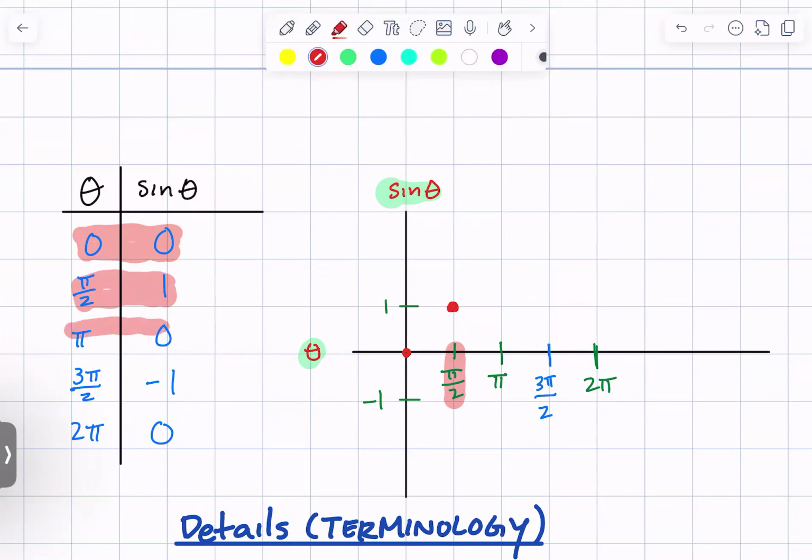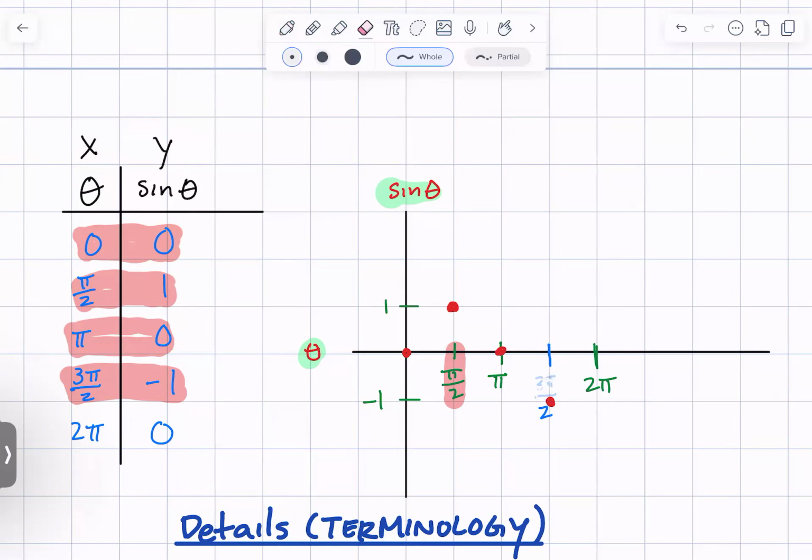At pi, comma 0. Remember, I'm labeling this as x, and this as y. So at pi, comma 0, it's right here. My next point is 3 pi over 2, comma negative 1, and that is right here.